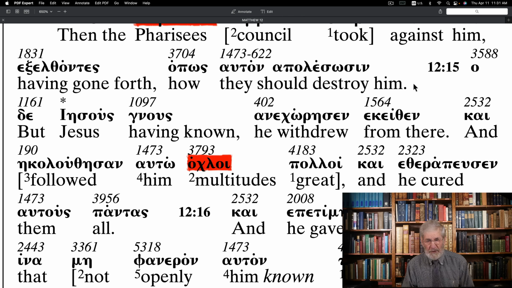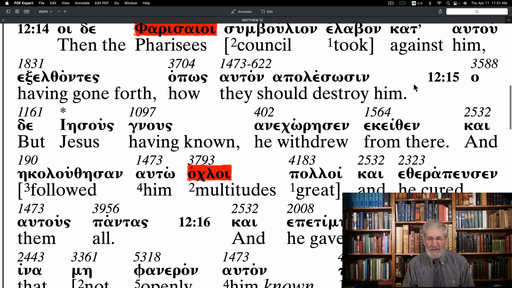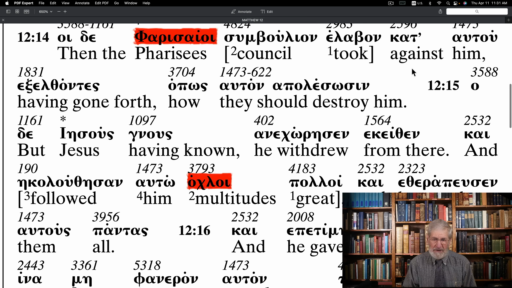Now, they want to destroy Jesus. Today, people want to destroy Christians, and Jesus says it's not you they're after, it's me. They do not want Jesus. And who more than the Jews don't want Jesus?